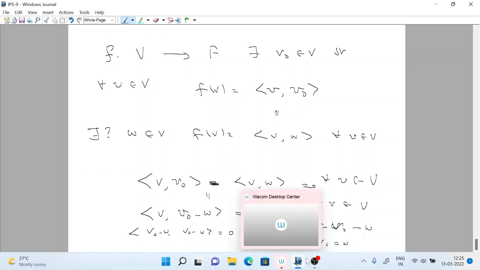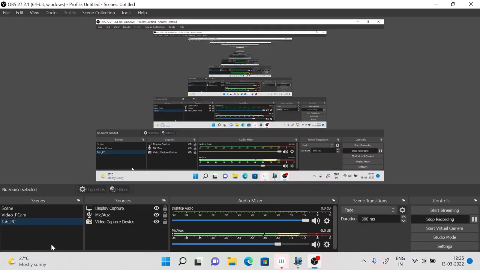So pause, review and proceed. These are the uses of orthonormal basis. I hope you enjoyed. I also brought out the geometry. Please go through it once again.